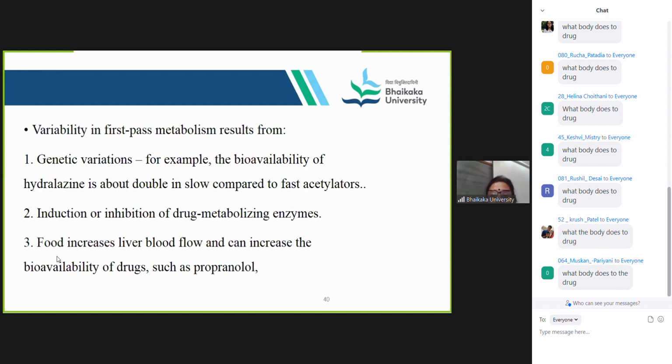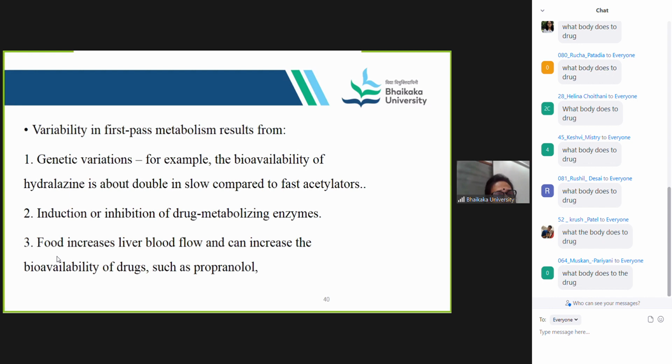You will understand the implications of fast and slow acetylation during pharmacodynamics, where it is called idiosyncratic reactions. For absorption, remember that there are drugs which vary with various genetic variations, and there you have to see the bioavailability and the dose.